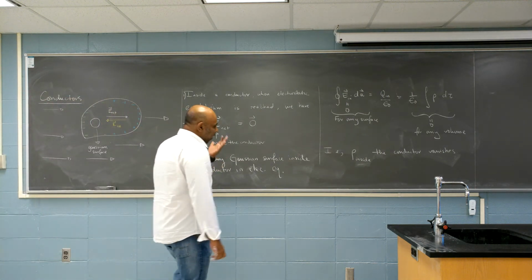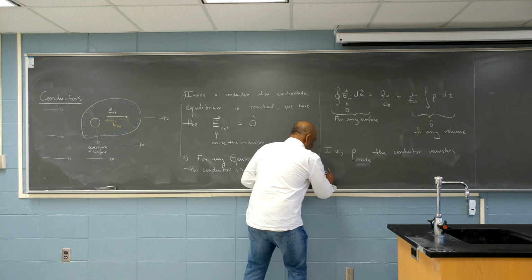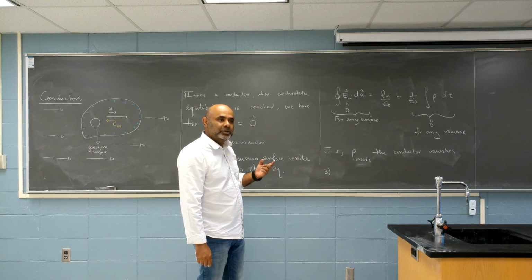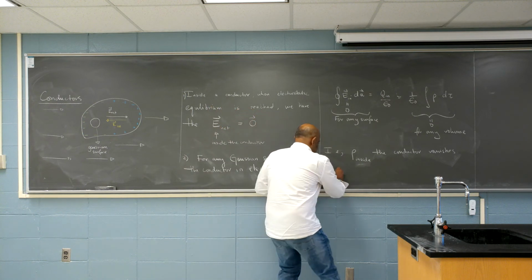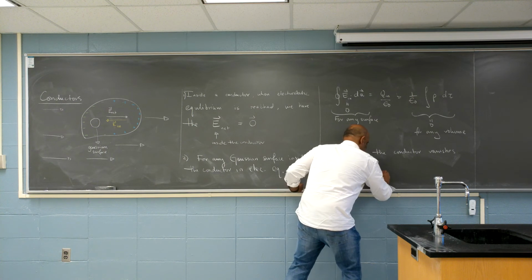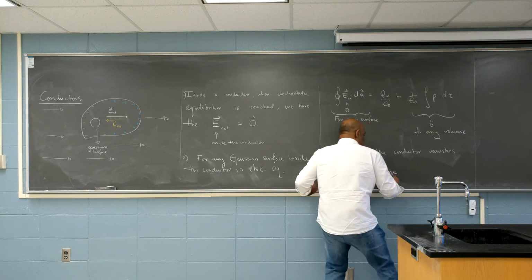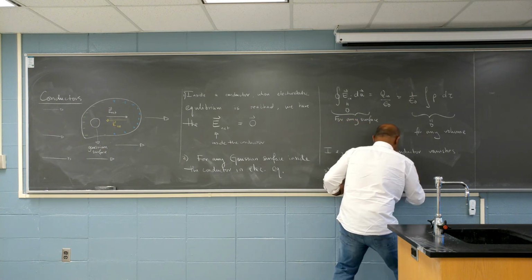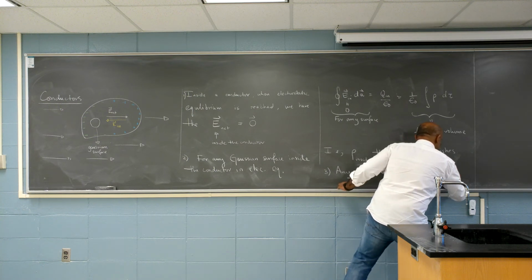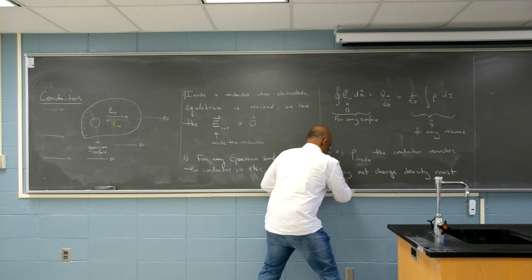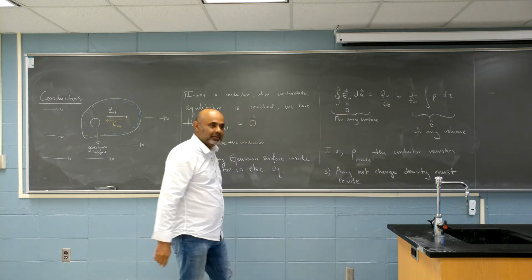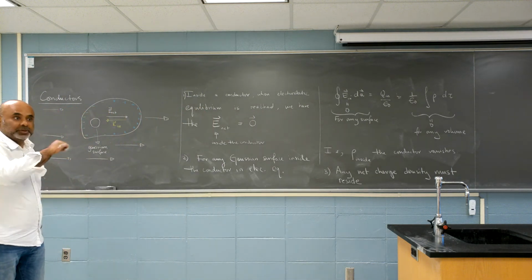There's another way of saying it. I'll say it as a third point. Any net charge density, my diagram should be suggestive, any net charge density must reside where? On the surface of the conductor.